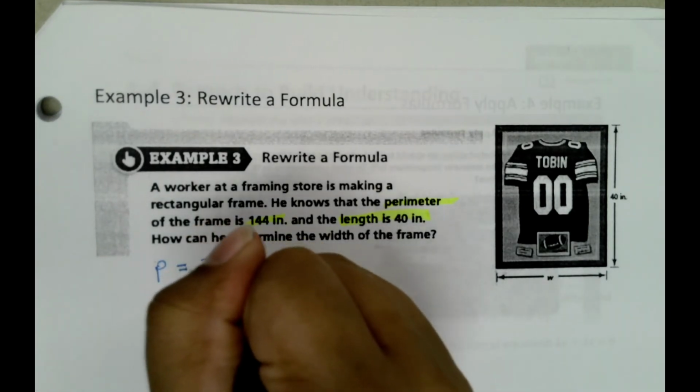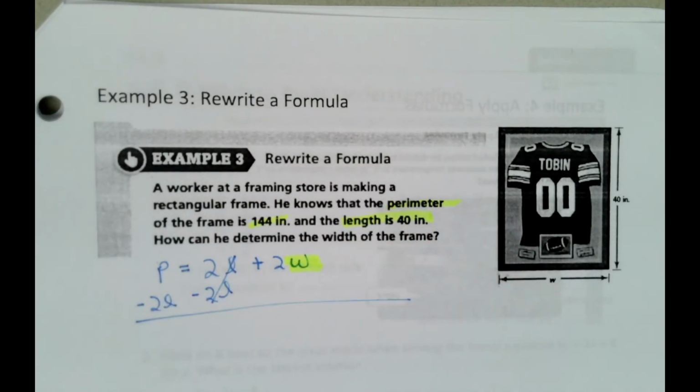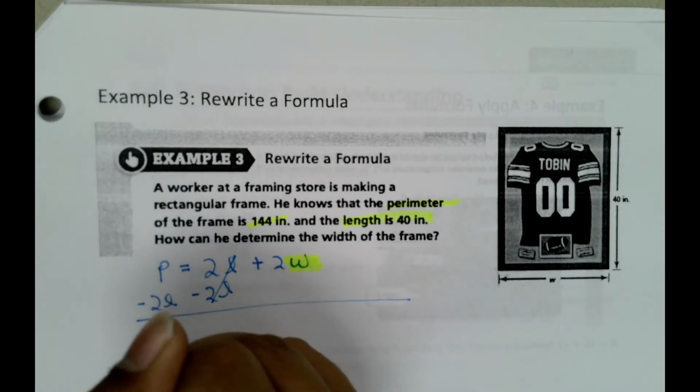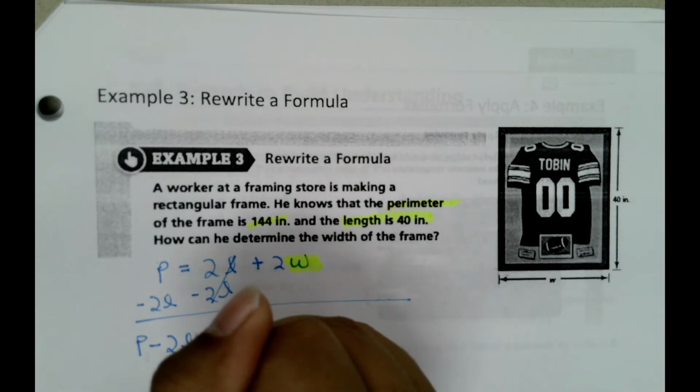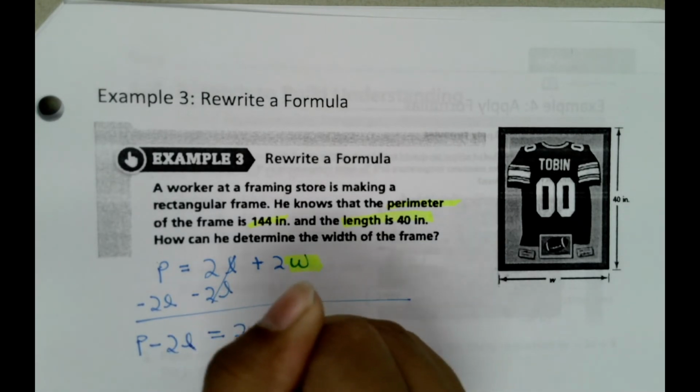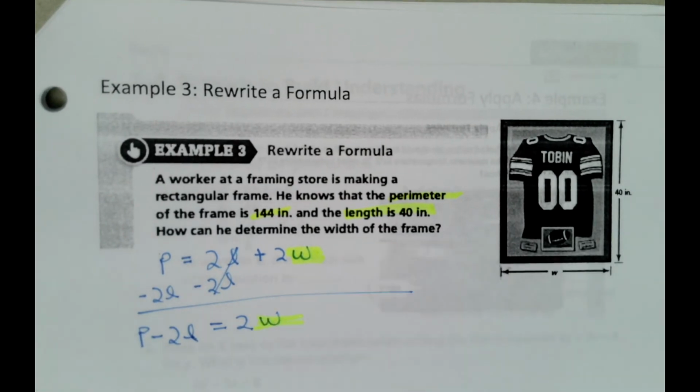W is still not all by itself, so what are we going to do? Well, how is that 2 bothering the W? Well, it's multiplying. We know how to get rid of multiplication. How do we do it? We divide.